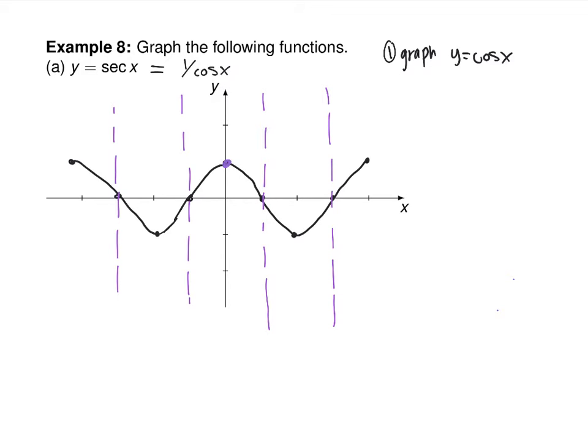Now, this part here, what's happening to those y values as you approach that asymptote? They're getting close to 0, right? They're getting small. What does 1 divided by a really small number make? Really big number. So when you do 1 divided by the cosine, the results get larger and larger until they approach that asymptote.